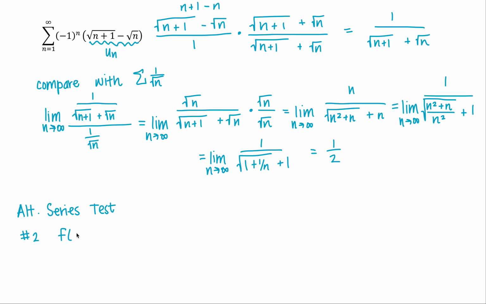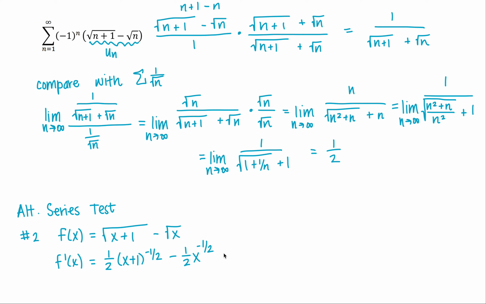I'm going to define f of x to be the square root of x plus 1 minus the square root of x. So this is the alternate way to show that it's non-increasing. If I take the derivative, I get f prime of x equal to 1/2 times x plus 1 to the negative 1/2, minus 1/2 x to the negative 1/2.